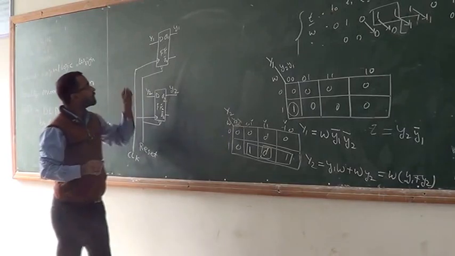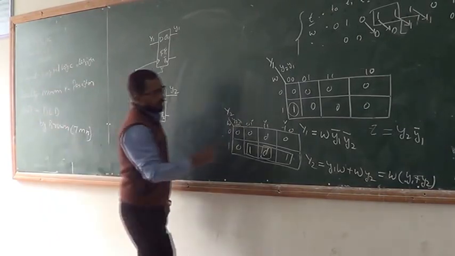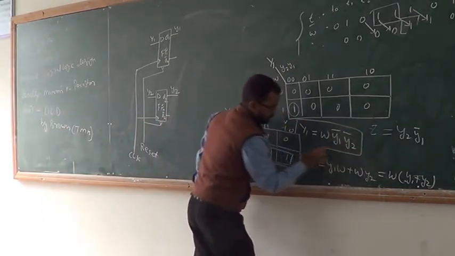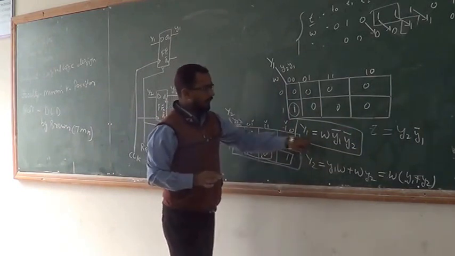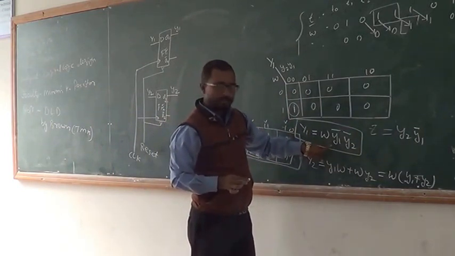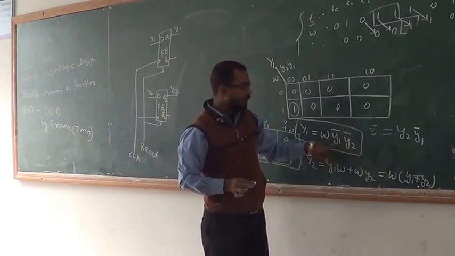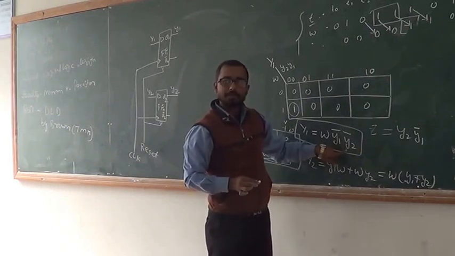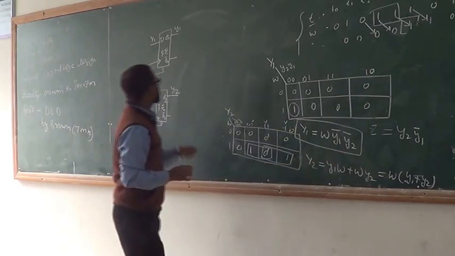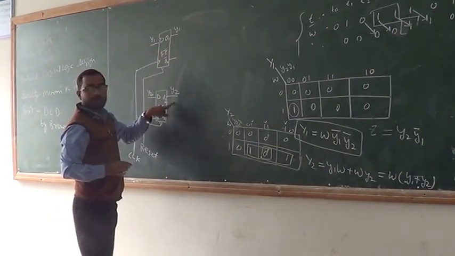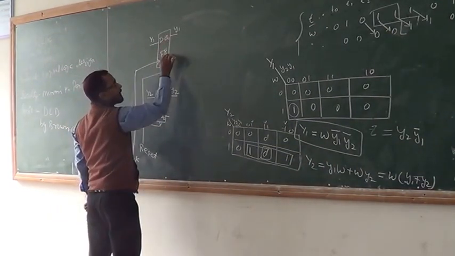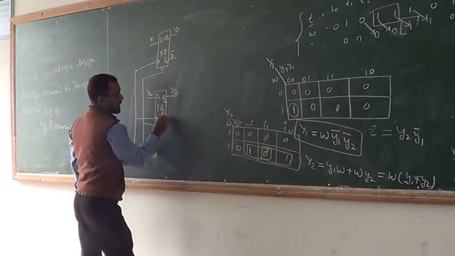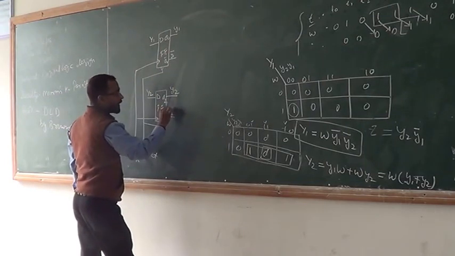Understand? Now, the Y1 is here. The states are Y1 and Y2. Small y1, y2 is the present state. Here, this is Y1, this is Y1 bar, and this is y2 bar.